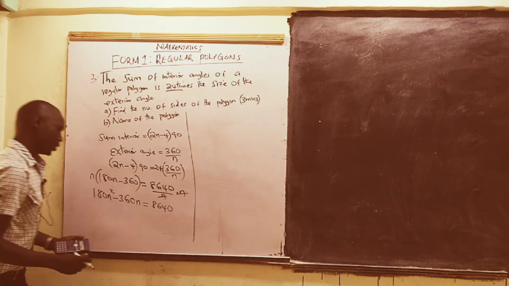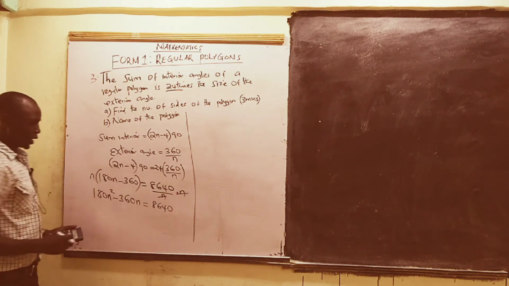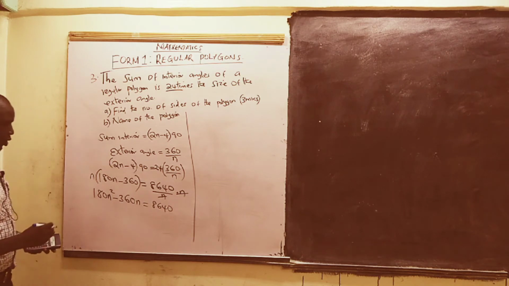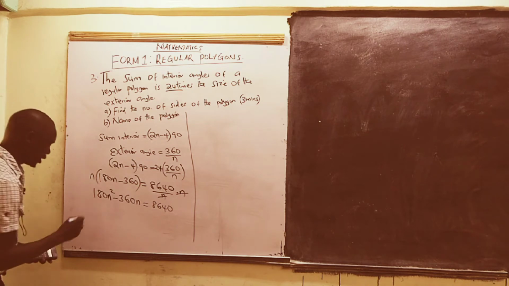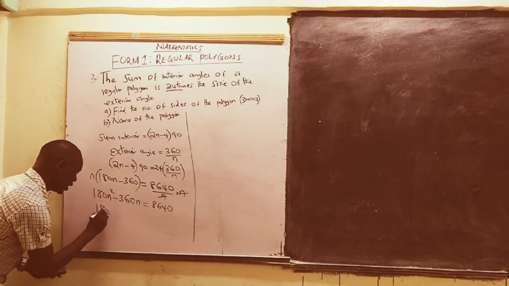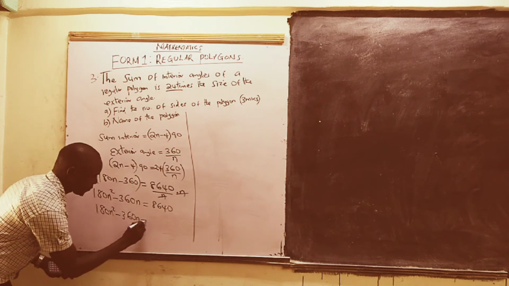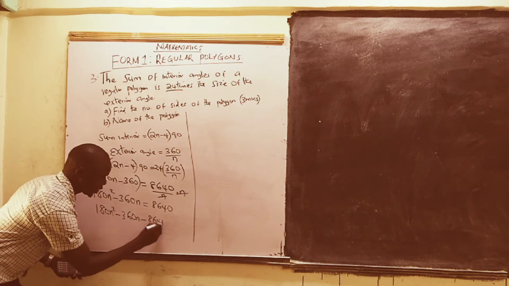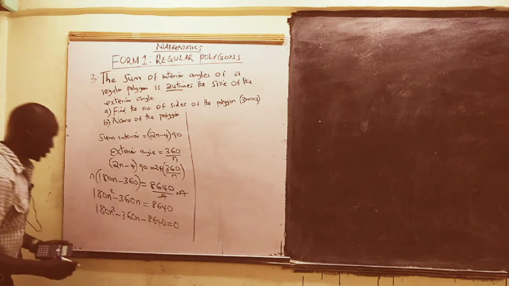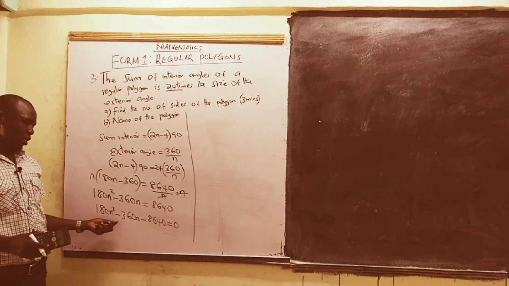8640. And if we bring 8640 to this other side, we are going to have an expression which is quadratic in nature. Therefore, we have 180n squared minus 360n minus 8640. This one must be equal to 0, and this one is quadratic in nature.